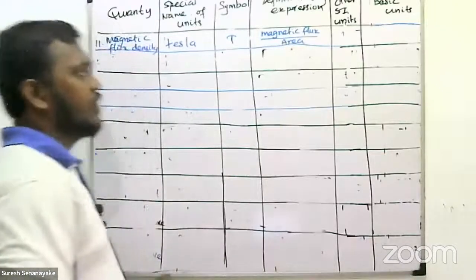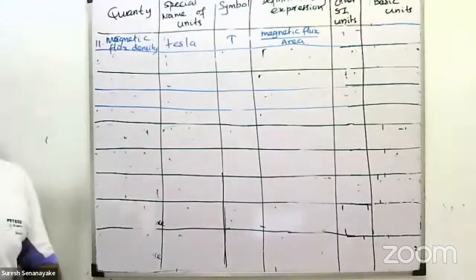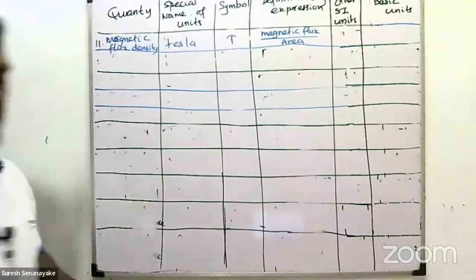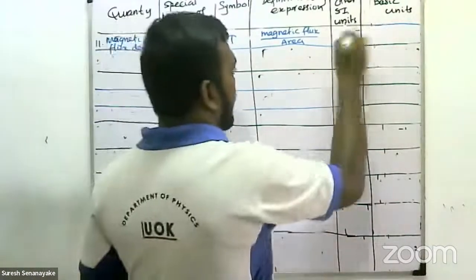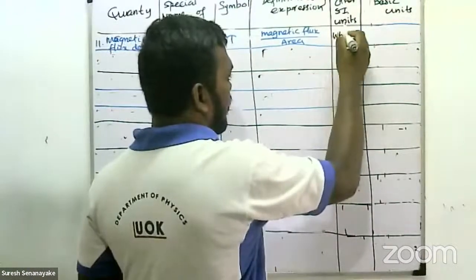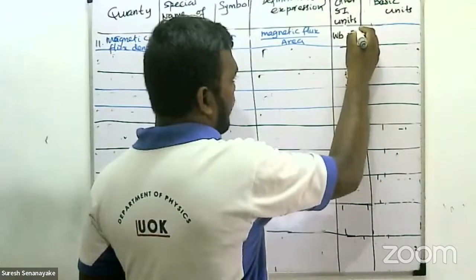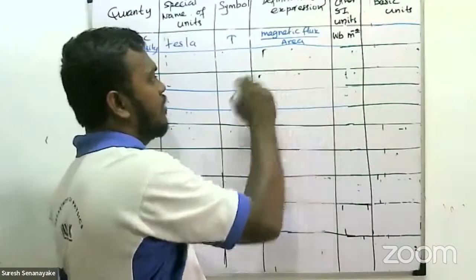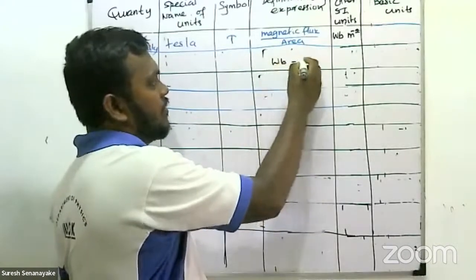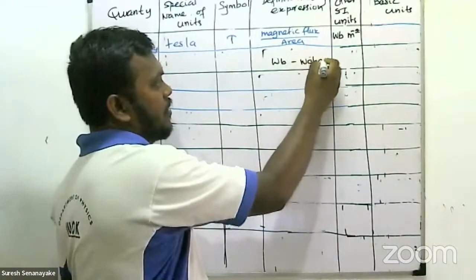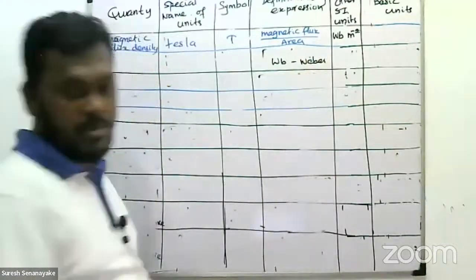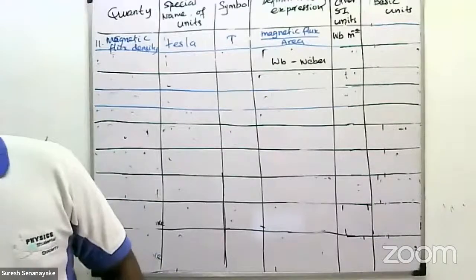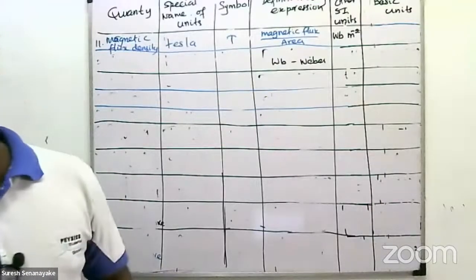And here you need to know that the magnetic flux is measured with a special name, that's the Weber. Special one, right? Weber is Wb. Weber per square meter. If you don't know this Wb, Wb is called the Weber. The unit is Weber per square meter.